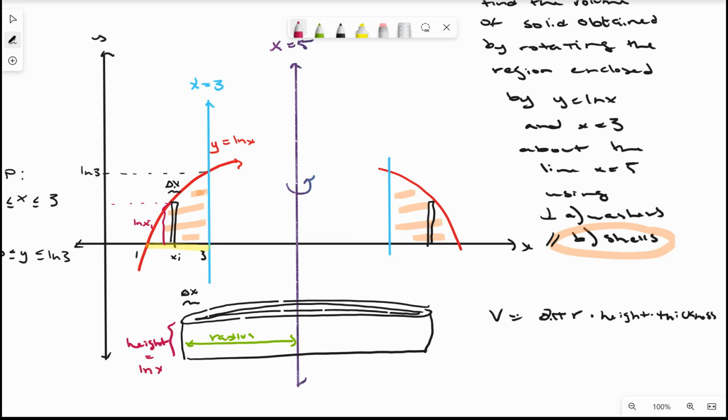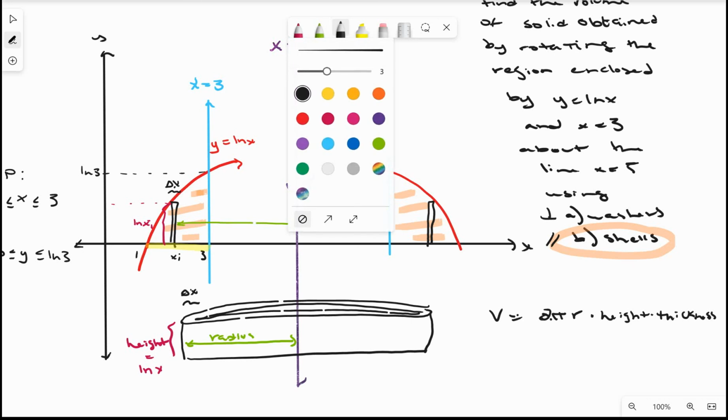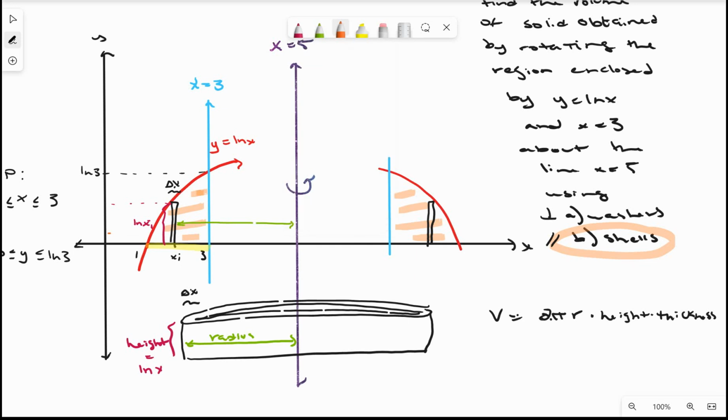And then the radius is this distance here. So what is that going to be? This smaller distance here, let me use orange, is just xi.